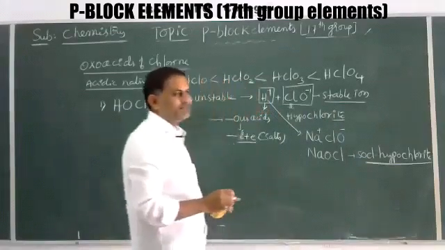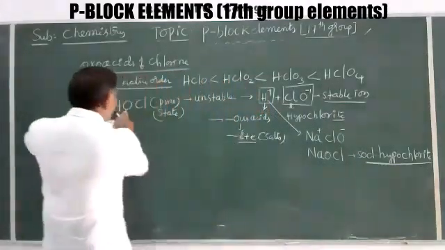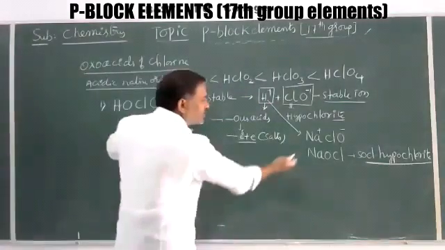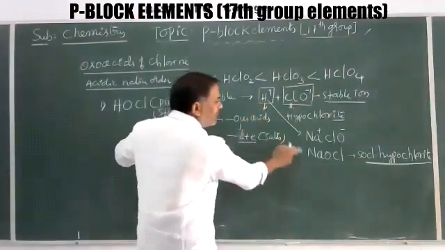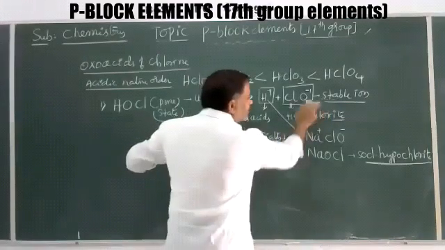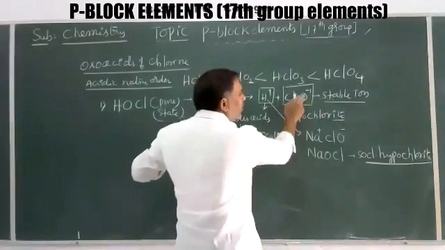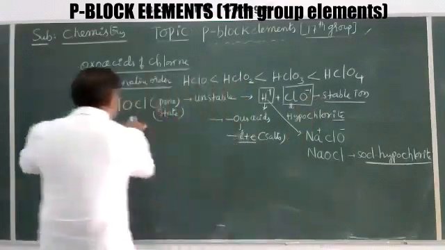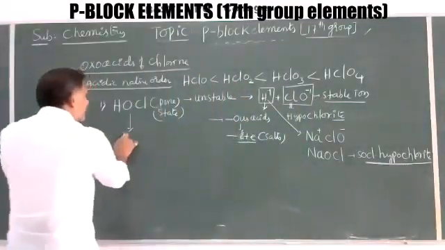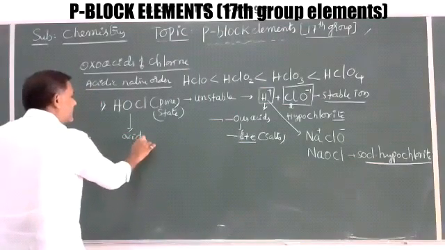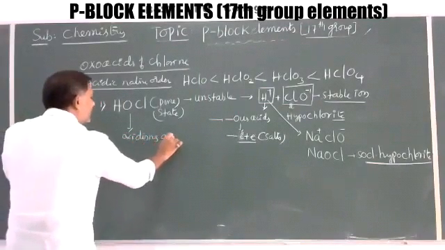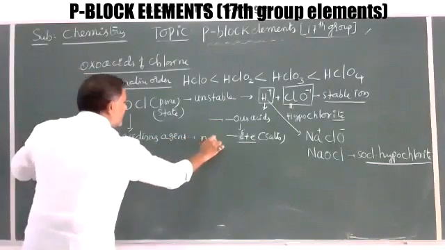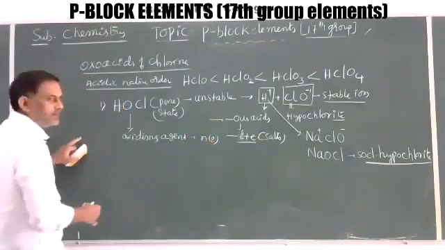Sodium hypochlorite is very, very important. Now here the HOCl is unstable in pure state. When it reacts with certain salts, it gives corresponding stable salts, with the stable ion ClO minus. That's why HOCl acts as an oxidizing agent, because it is unstable and ready to produce nascent oxygen.